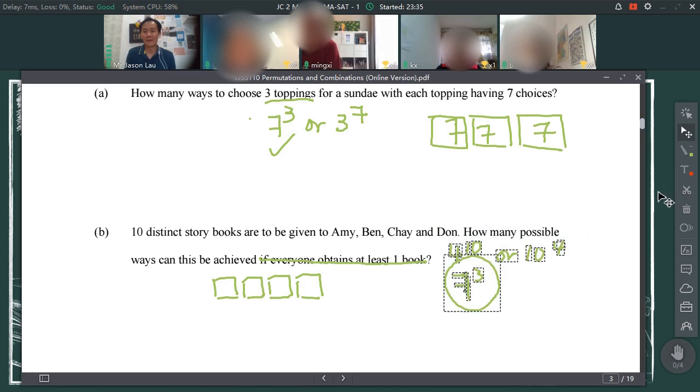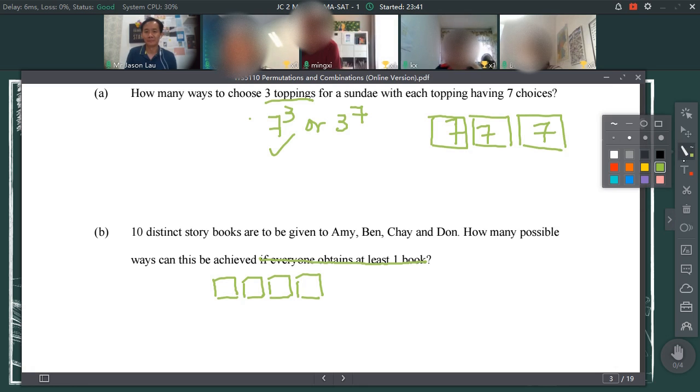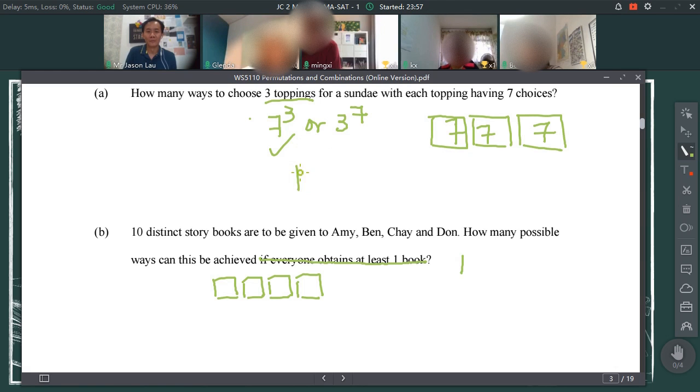Yeah, talk about part A. So if 7 to the power of 3 is correct for 3 boxes and 7 options, then shouldn't 10 to the power of 4 be correct for 4 boxes and 10 options? Because here this 7 to the power of 3 is given to 3 boxes. But here, how many boxes? 4.